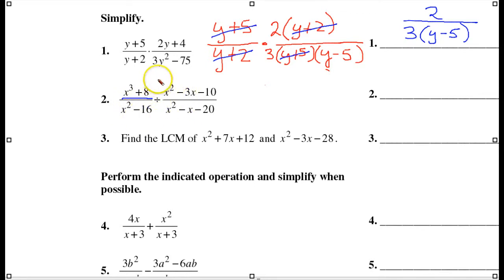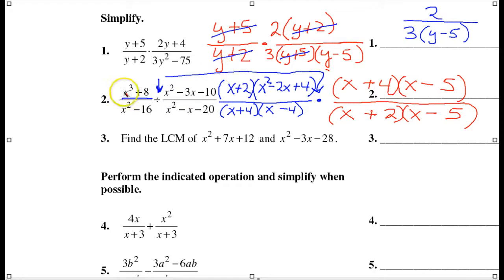Now, since this is division, we're going to have to put this term on the bottom, this term on the top, and change it to multiplication. So that's the key here. And then these are just factored. So let me do the factoring and I'll get back.